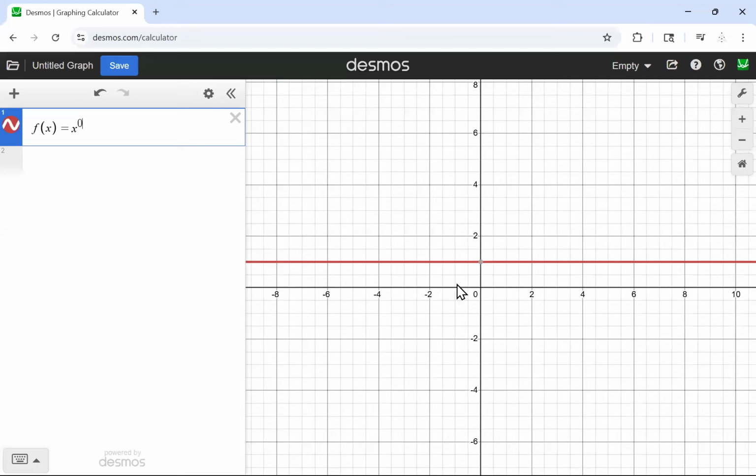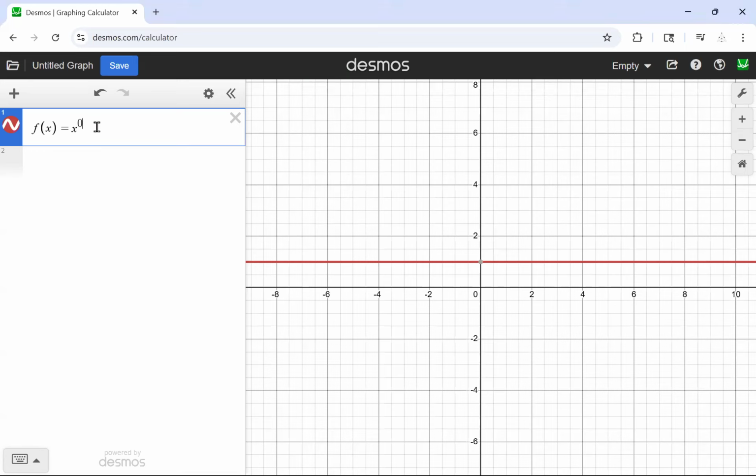I'm going to manually type in the different powers. So right now I have f of x is equal to x to the 0th power. That's a constant. X to the 0th power is just 1. So that's like y equals 1. So we get a horizontal line in that case.